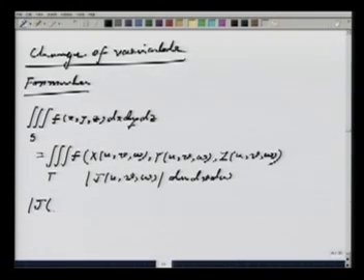Then what is mod J u v w? That is again the modulus of a certain determinant, analogous to the two-dimensional case.